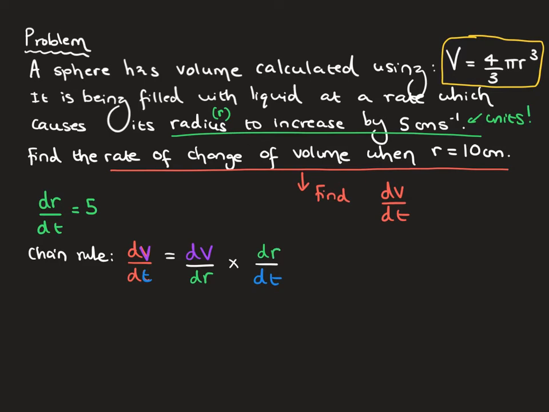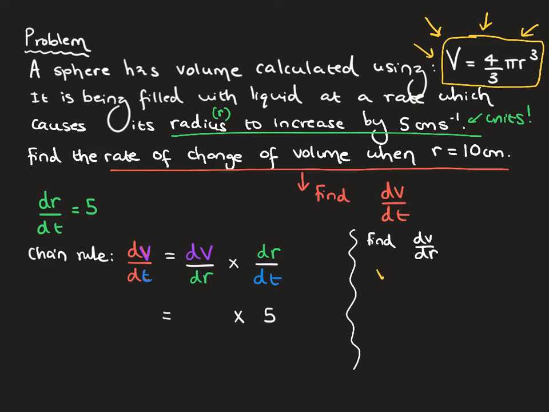Well, I certainly know that dr by dt is equal to 5, so I can fill that part in. But what about dv by dr? Do I know what that is? So I first of all have to find dv by dr. But remember, we were given this piece of information over here.